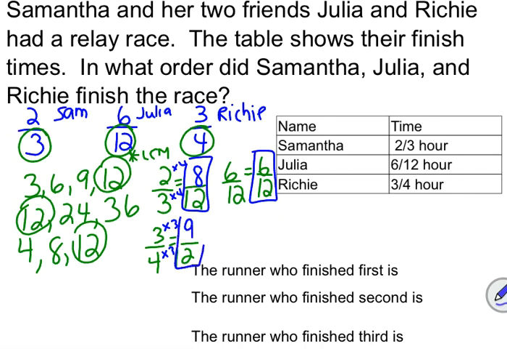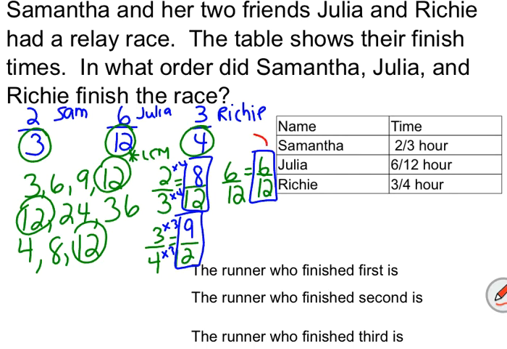I have 9/12. So who finished first? Now, first is the shortest time. So I'm looking for the least amount of time. Sorry, 6/12, 8/12, 9/12. 6/12 finished the race in a shorter amount of time. That's the least fraction.